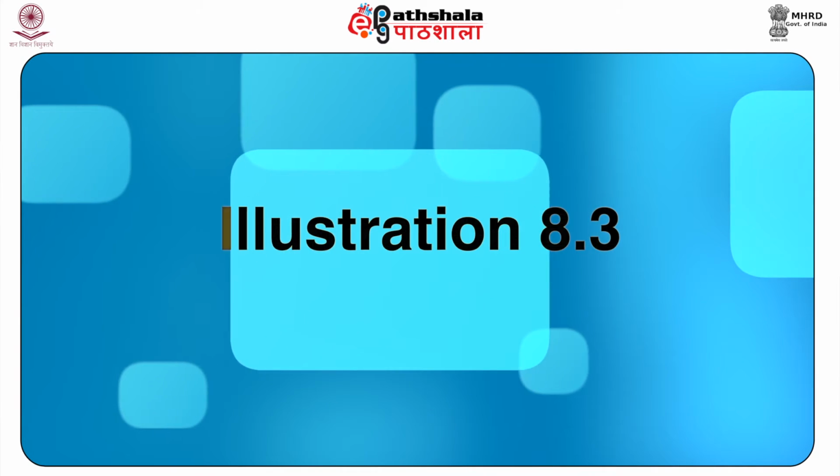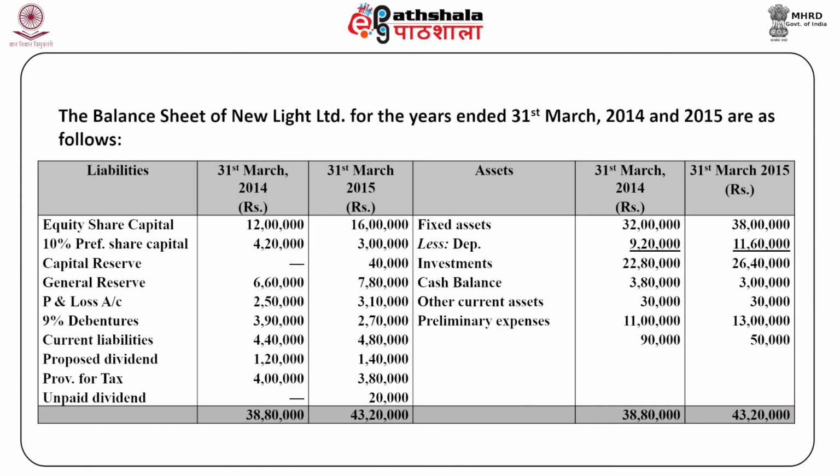Illustration 8.3. The balance sheet of New Light Limited for the years ended 31st March 2014 and 2015 are as follows. So look at the liabilities and assets for the years 2014-2015. Equity share 12 lakh, 16 lakhs. 10% preference share 4 lakh 20,000, 3 lakh. Capital reserve 40,000. General reserves 6 lakh 60,000, 7 lakh 80,000.